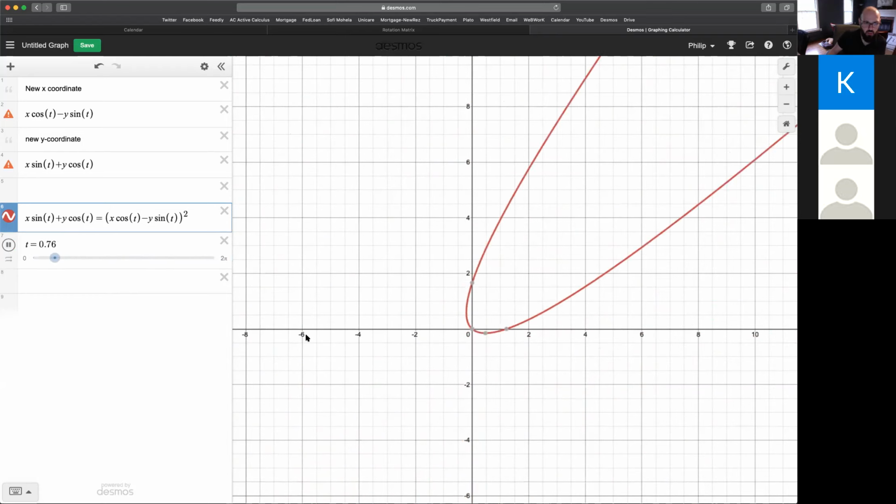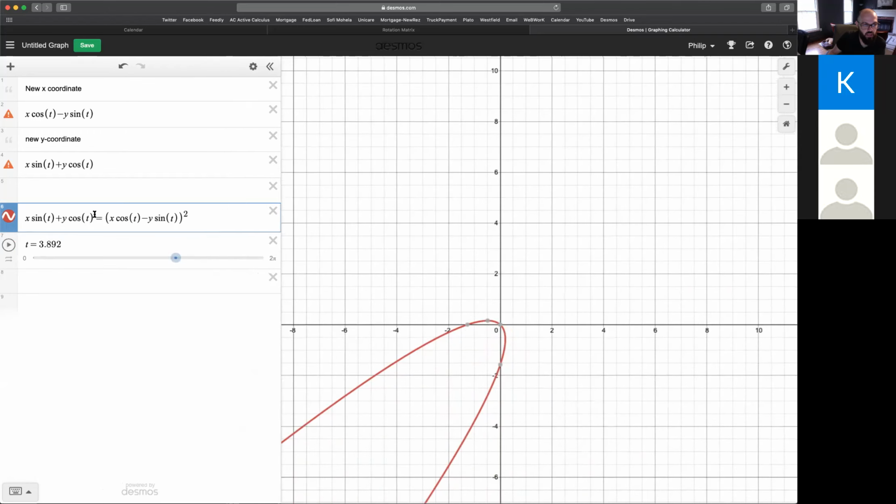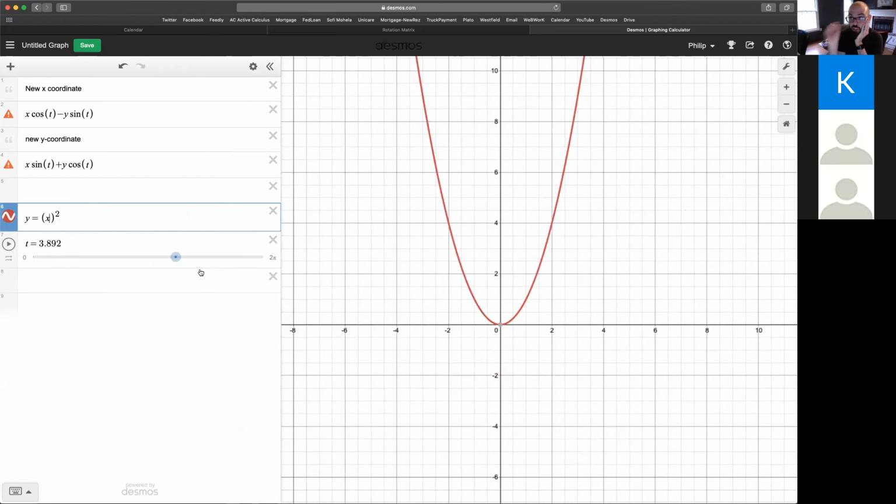One thing that I want to caution everybody about is if you look at this equation as it stands right here, it looks pretty complicated, right? There's a bunch of sines and cosines and y's and x's all in there, and it's like, I'm not sure what's going on. But we didn't start that way. That's not the way that we built this up. We started with something that we understood, y equals x squared, and I didn't type out that whole expression.